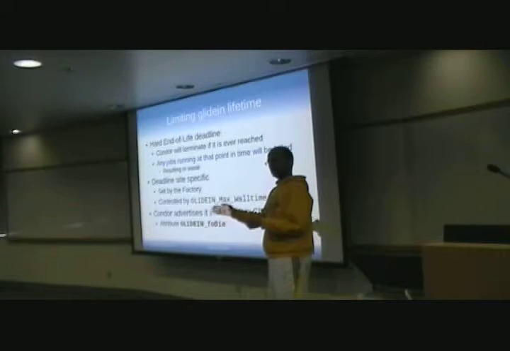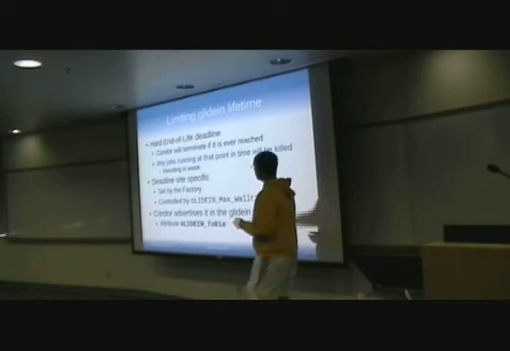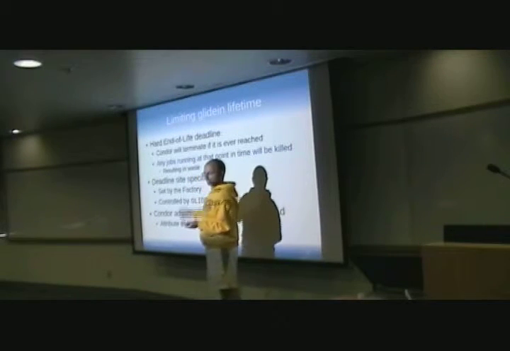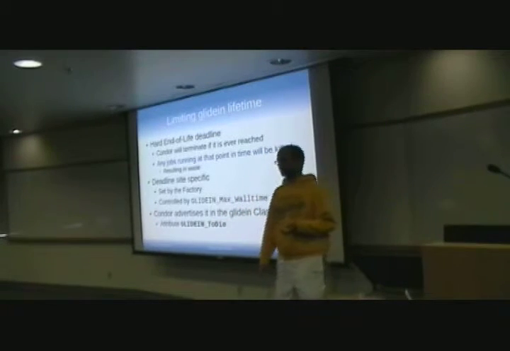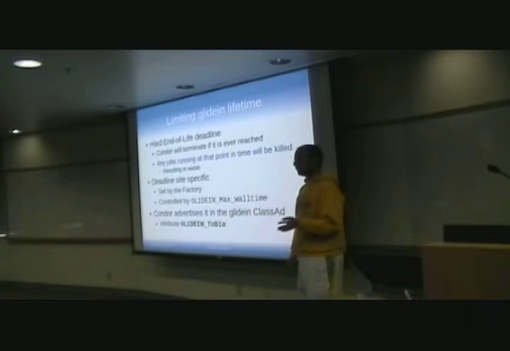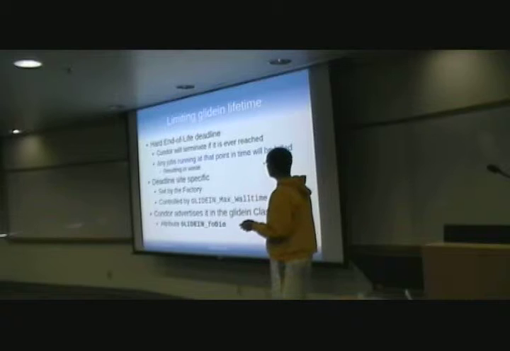You arrived at the deadline. Bye. I don't care what you have been doing. You have to go away. Which is of course a waste. If you have any jobs that were running when you reach a hard deadline, they will be killed. So unless they have been checkpointing like crazy, there will be some waste of CPU. And checkpointing is often wasteful by itself, so not a good thing.